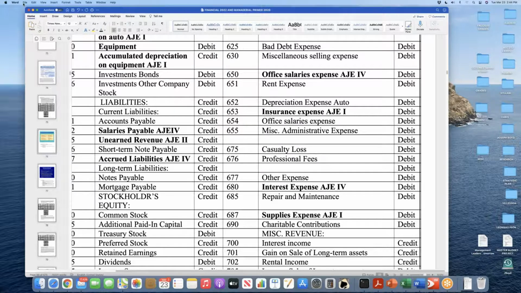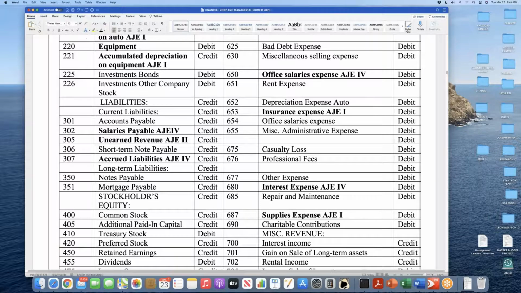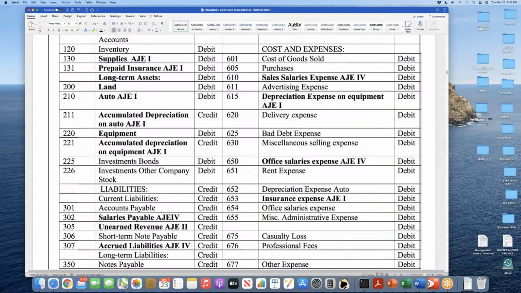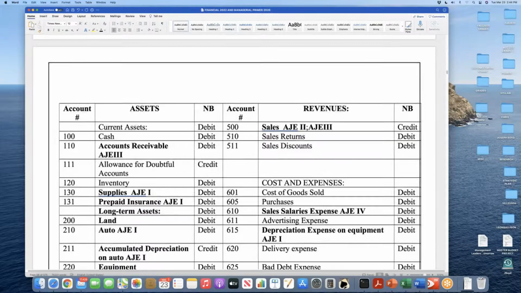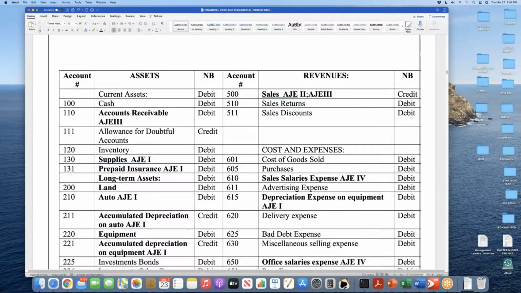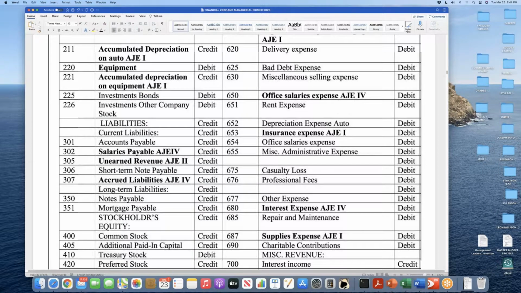So what I tried to do was, okay, what accounts are involved for which AJEs? So unearned revenue and sales go with AJE2. So there's another one too, but I tell you what accounts are involved.